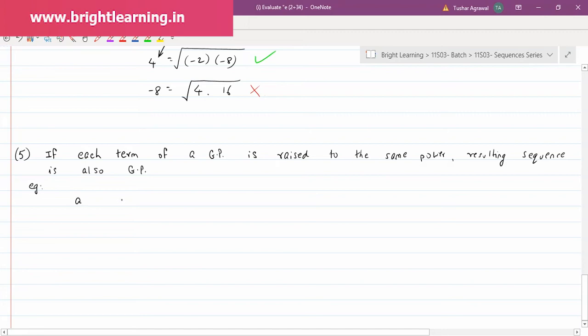So the original sequence is, let's say, AR, AR square, AR cube, AR to the power 4, and so on.